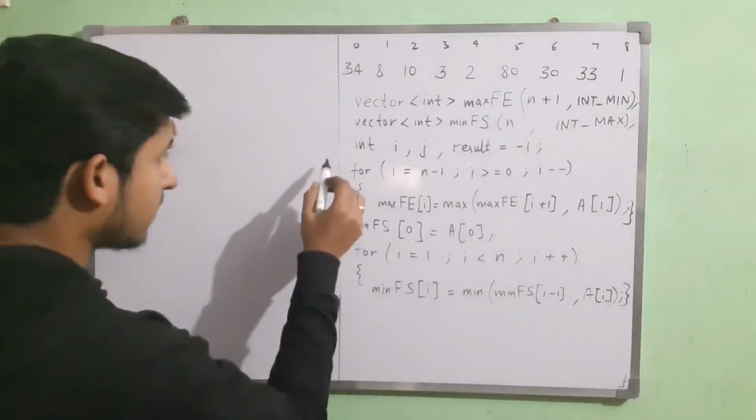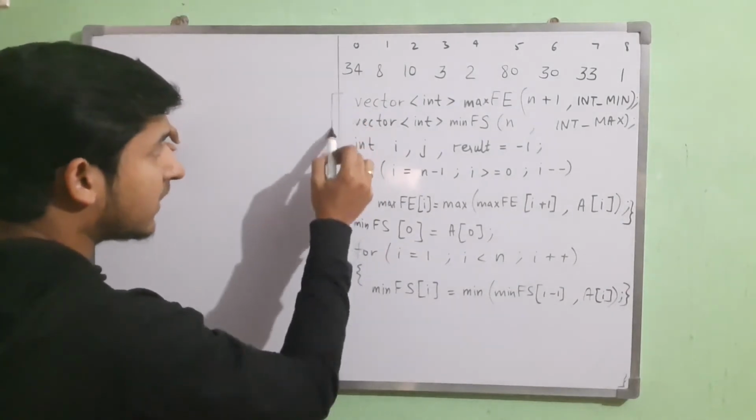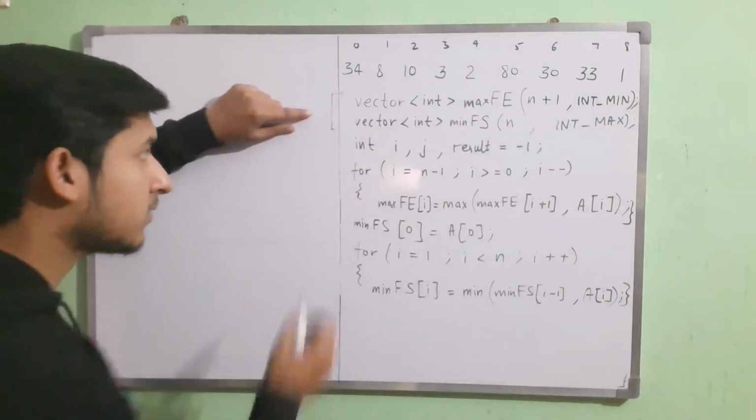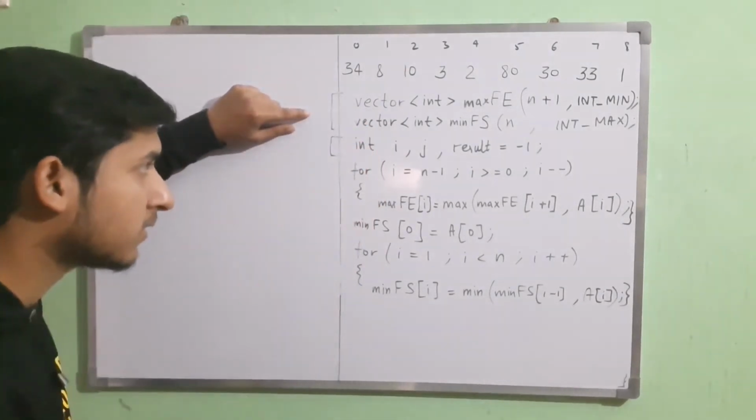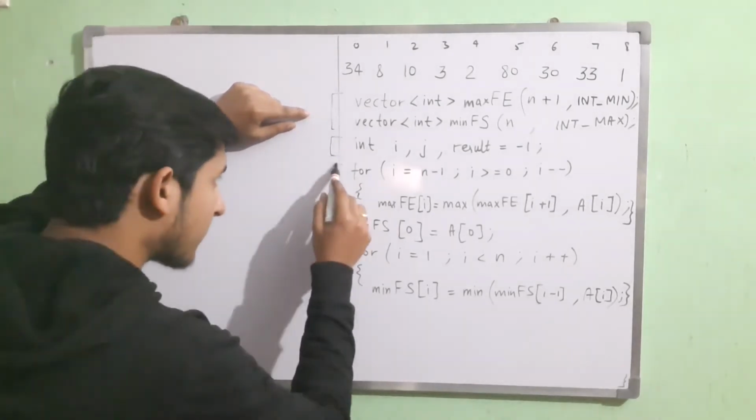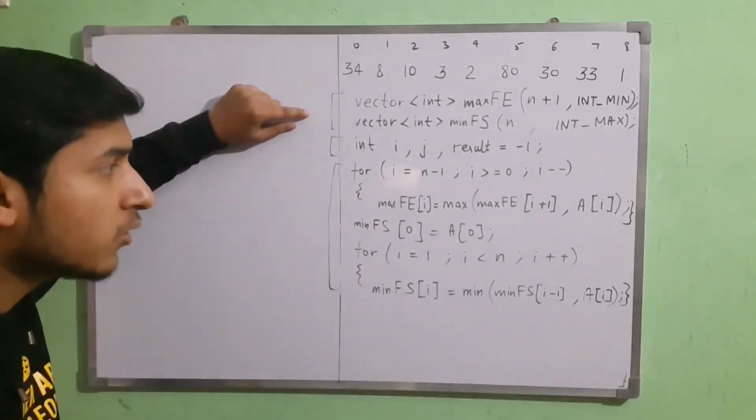Now up to here we declared auxiliary arrays, initialized some variables that will be helpful, and filled these two auxiliary arrays.